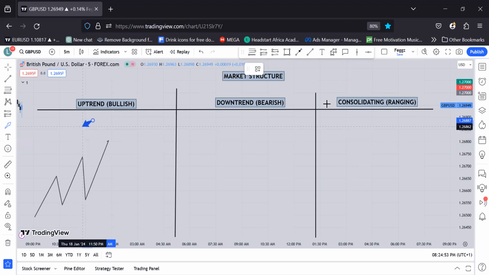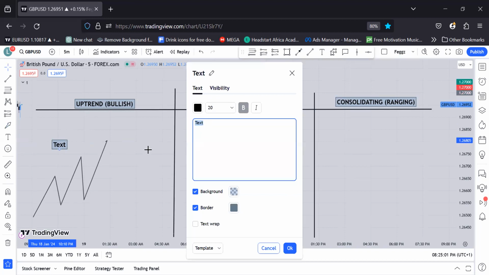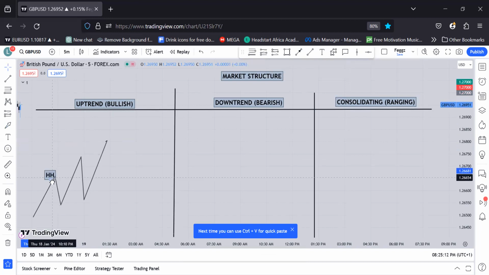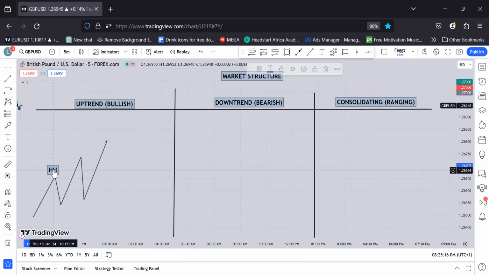So when we are labeling it, like I was trying to explain, we'll just use shortcuts. If you want to label a higher high, instead of writing higher high in full, you can just use HH. HH means higher high. So in this case, this is a higher high, and another higher high we can see.